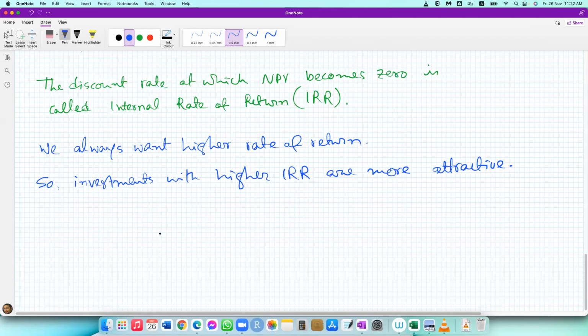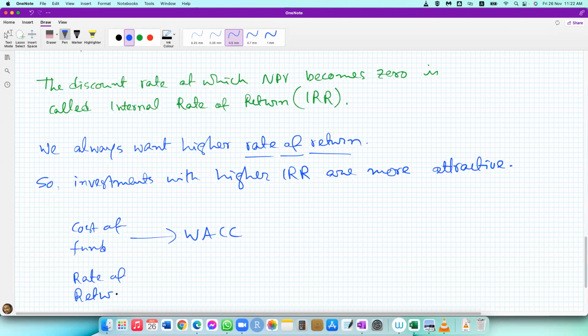But remember, IRR is the rate of return, so it must be greater than the cost of fund. Cost of fund, we have already discussed in the previous class. The fund or capital that we are investing has the weighted average cost of capital, and the rate of return is IRR.